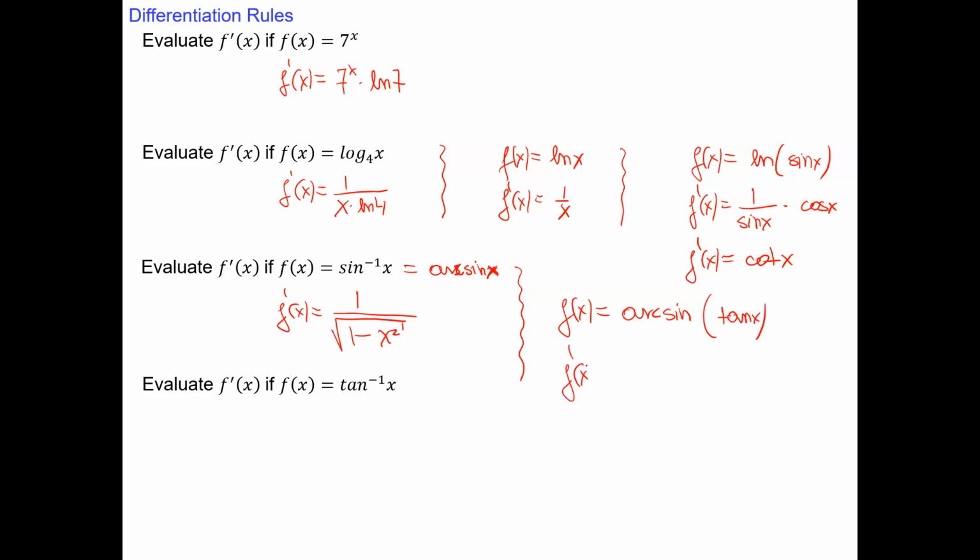So we will follow the same formula: derivative of outer function, arc sine of quantity tangent, will be 1 over square root of 1 minus quantity squared, times derivative of this quantity. And that quantity is the inner function, tan x.